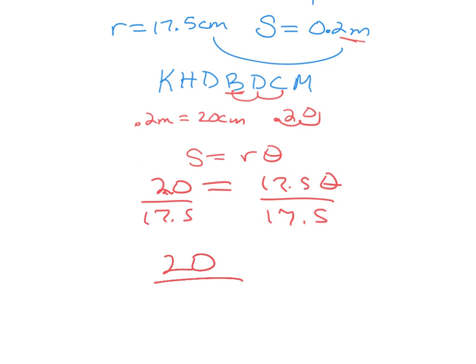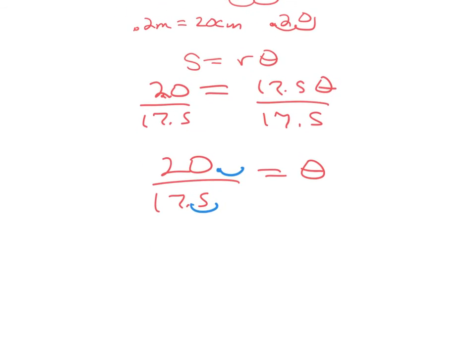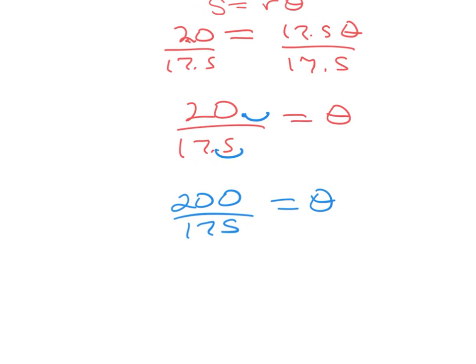And now I have 20 over 17.5 equals theta. I can't leave this like this. I need to simplify this fraction by moving this decimal point once, put 1 here, move it once. Now I have 200 over 175. And now I can reduce this. I can divide them both by 25. I know there are 8 quarters in $2 and 7 quarters in 175. So theta is 8/7.